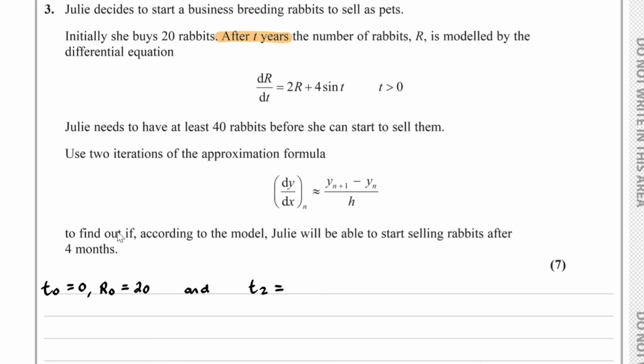So we see that t2 is equal to 1/3, and we're finding out what R2 is. And we see that we require two iterations to go from 0 to 1/3, and therefore h is equal to 1/6.